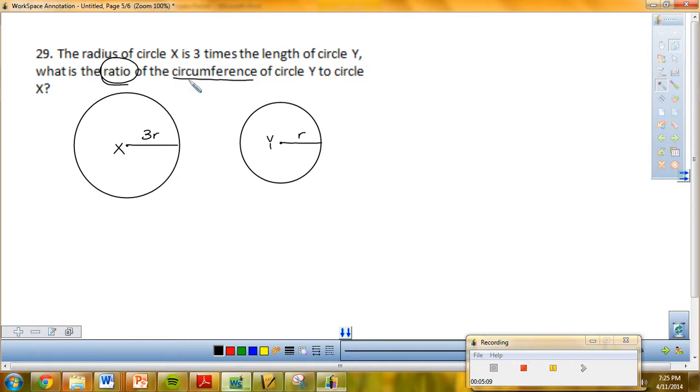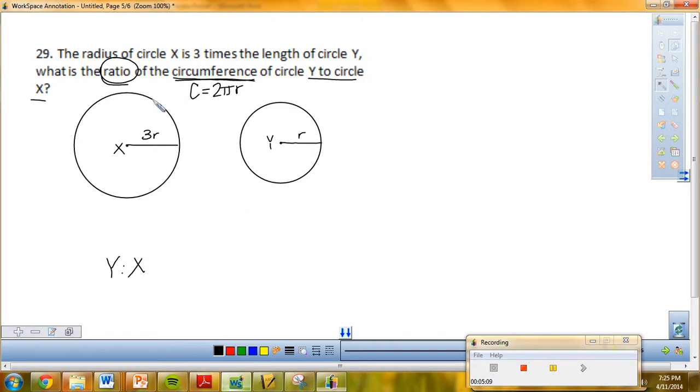As soon as I see this word, I want to think, what is that formula? Circumference is 2 times pi times r. So I want to compare circumferences of X and Y. And they want me to compare Y to X, which means that I want to put Y first, then X.